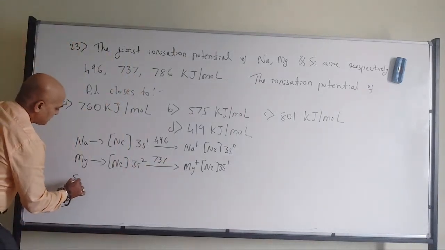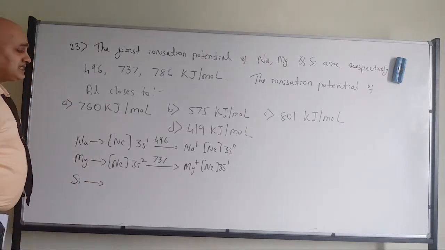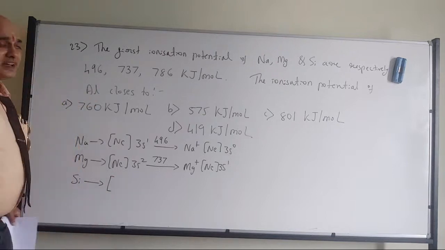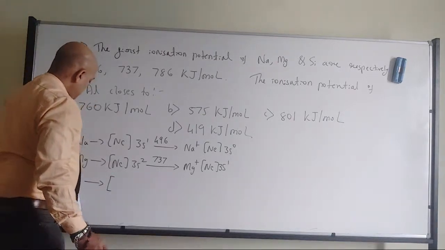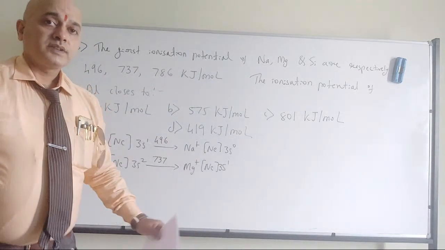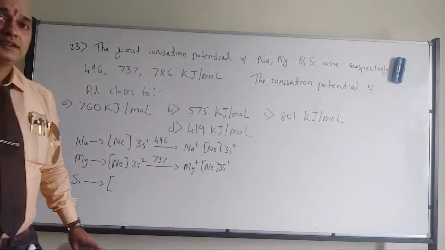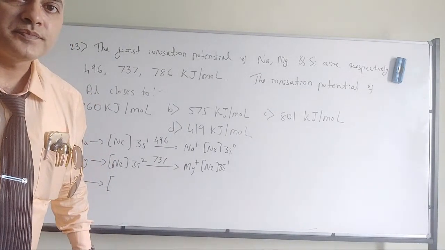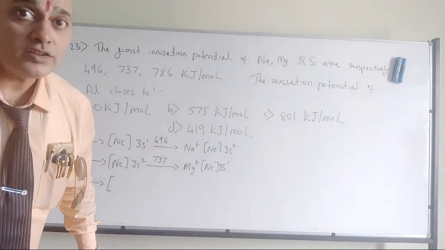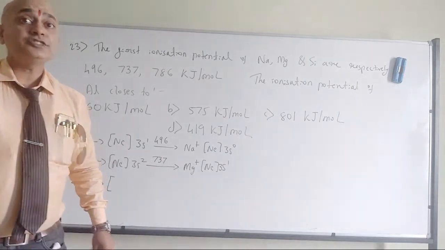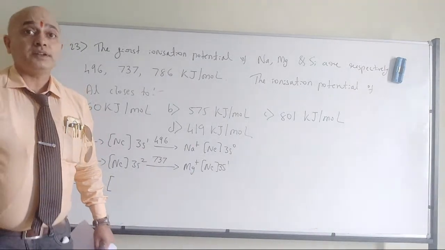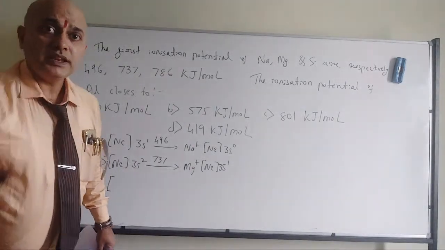And now the next one is silicon. Silicon will have an electronic configuration of, can anyone say? Silicon belongs to which period? It belongs to period 3. It is next to carbon in group 14. Carbon belongs to period 2, so silicon belongs to period 3.